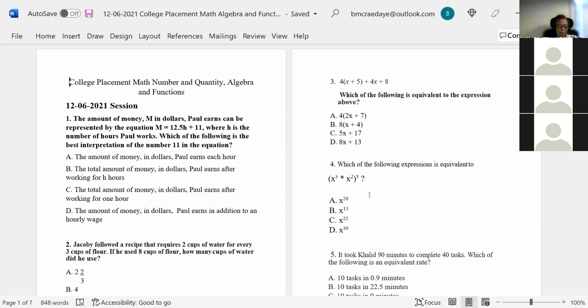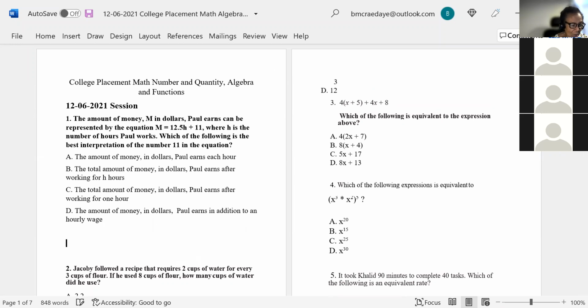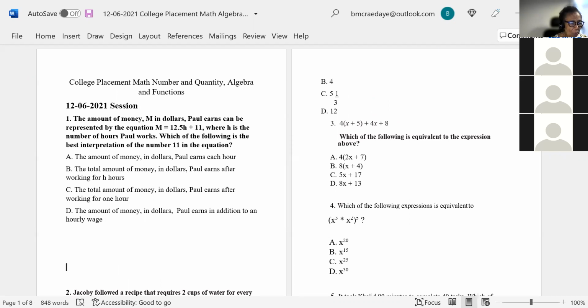Now, Alva, we have an equation here. M equals 12.5H plus 11. Now, M is the dollars Paul earns for his work, right? H is the number of hours he works.